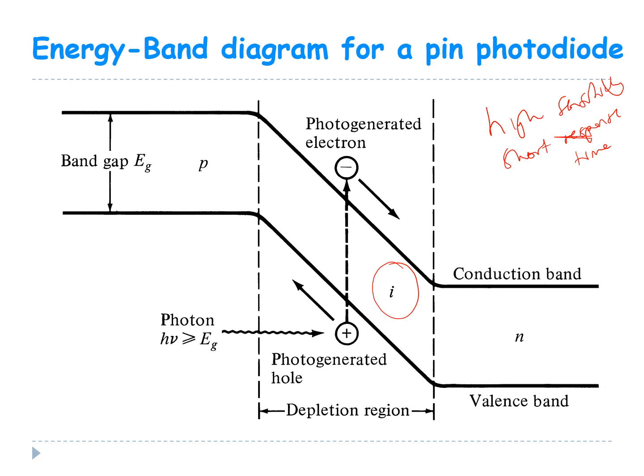They drift in the electric field. But if you generate carriers in the neutral regions within their diffusion length, they have to diffuse, and the diffusion process is slow, and therefore it is not recommended for detectors. You need your detectors to respond quickly, so the response time should be as short as possible.